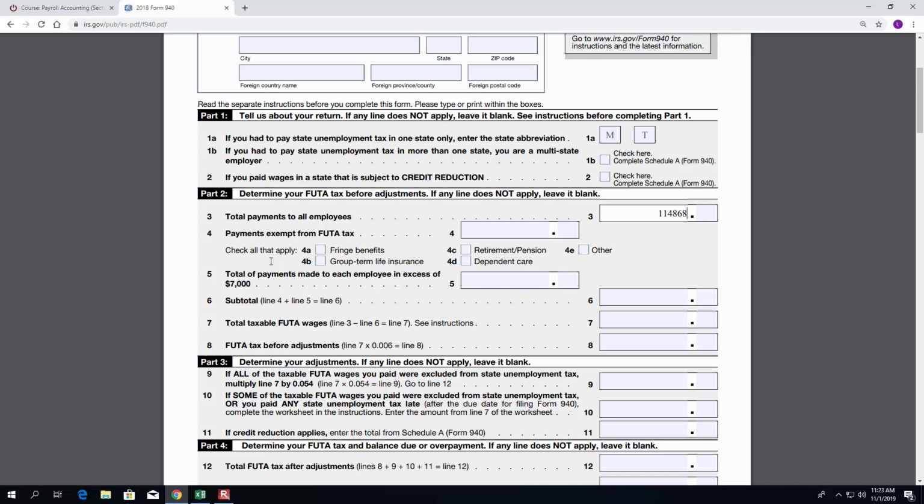So for 4, that's like other things besides this. Okay. It is, yeah. But again, for the benefit of those of you listening, I'm not going to ask that you combine 4 and 5. How much of the $114,868 did I pay them in excess of $7,000?